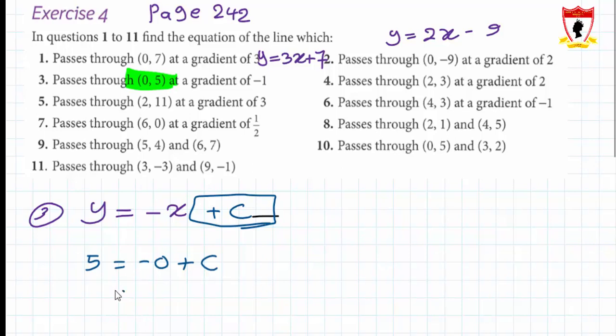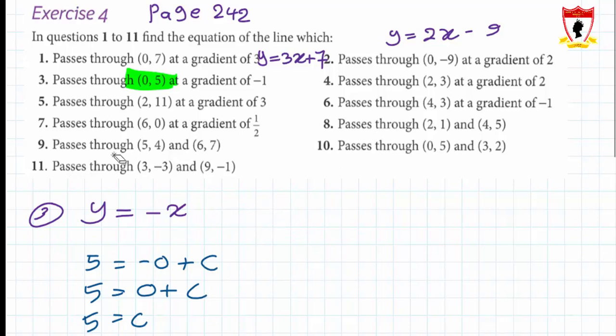Plus c is equal to 5. 0 plus c is just c, which is equal to 5. Then we got that c is equal to 5. Then we can complete the equation: negative x plus 5. This positive 5 is the value of the constant, the value of c, and the gradient is negative 1. It's given in the question, so we got everything right.